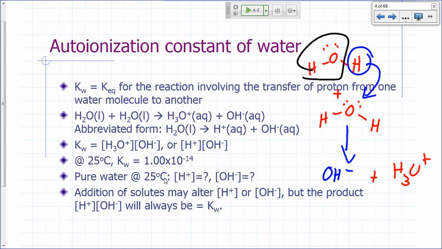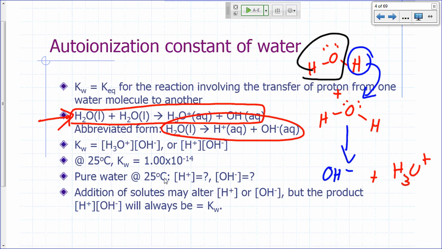It's significant, and it's significant enough to make a big impact in a lot of systems, especially living systems. So this is what's known as the autoionization. It's autoionization because it just happens in water automatically, in a way. And you can abbreviate this by just writing it as H2O liquid yields H plus aqueous plus hydroxide.